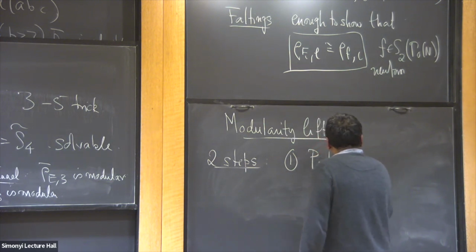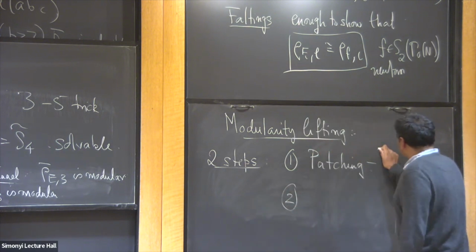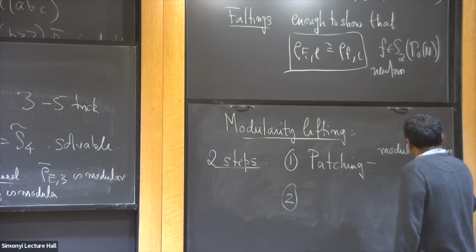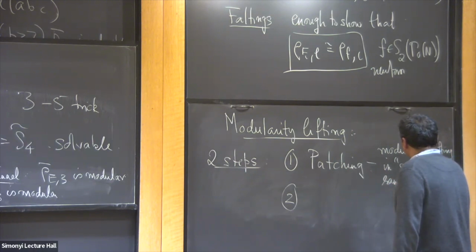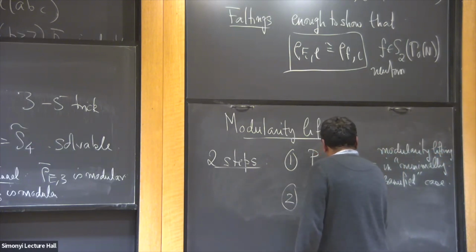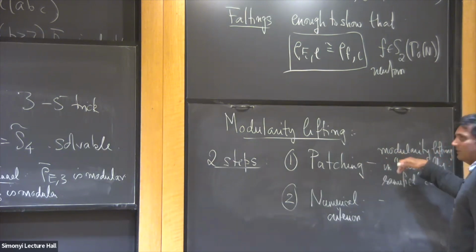But the original argument of Wiles was based on the numerical criterion. This proves modularity lifting in the minimally ramified case originally. And the second thing is the numerical criterion, which is to deduce the non-minimal case from the minimal case.